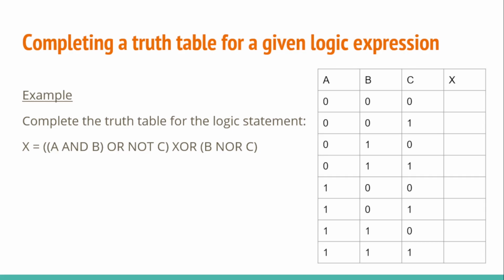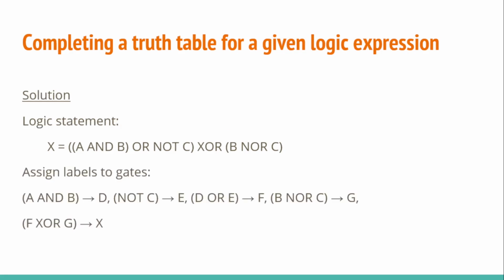You have been given a truth table to complete, and we are going to address this as follows. The first thing we have to do is to allocate labels to the intermediary logic gates.